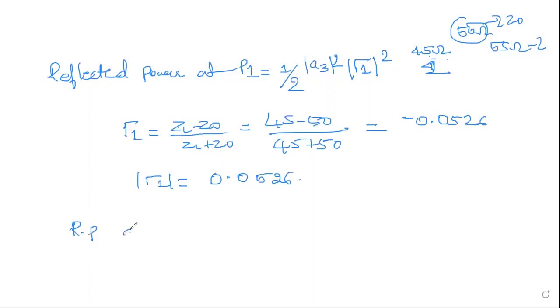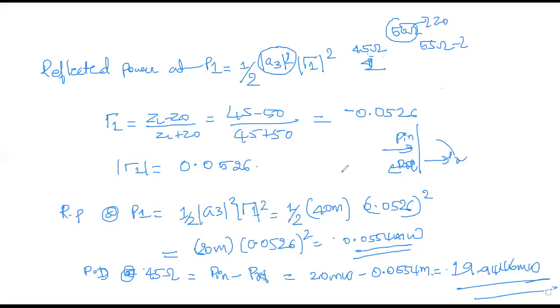Reflected power at port 1 is equal to half into the magnitude of A3 square, so the input here will be 40 milli, times 0.0526 square. When you take magnitude, take it as 20 milli. You'll get 0.0554 milliwatt. Input power minus the reflected power, you'll get 19.446 milliwatt. Clear the screen.